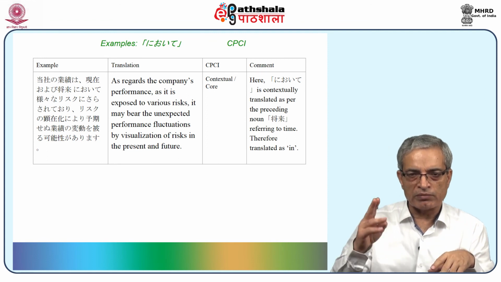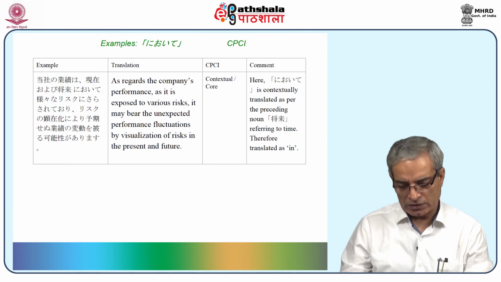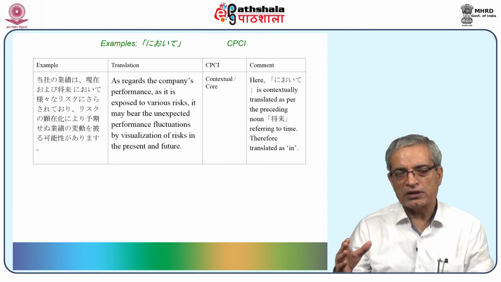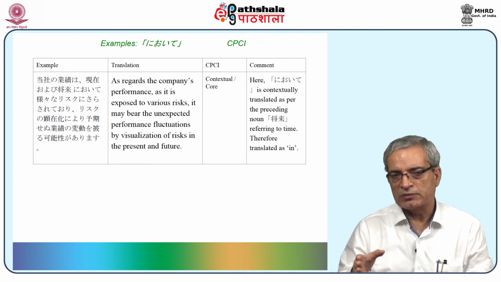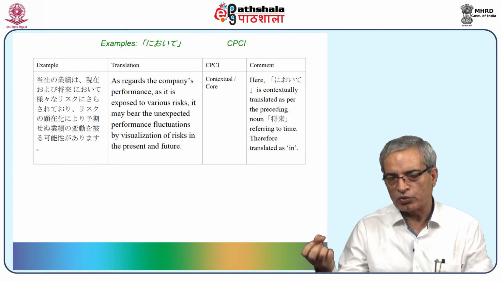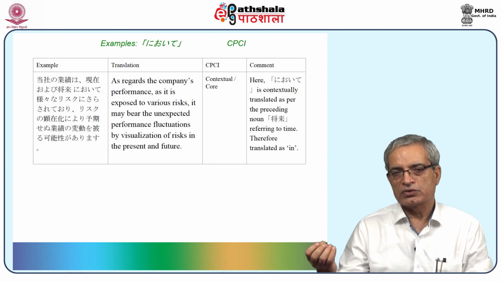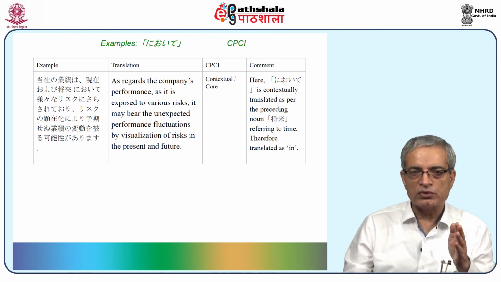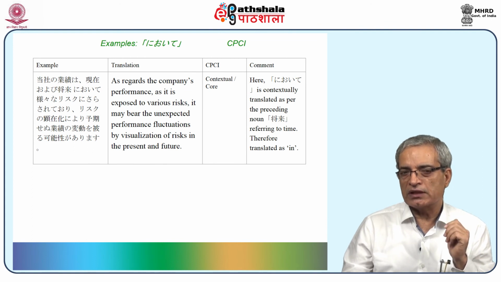So I would say that you can make note of it, and it can be understood that in is the closest possible or the core meaning of neo-8, but in does not take the action in the oite or the dynamism in the oite. So that is not very clearly covered by in, because it is going into, say, by visualization of risk in the present and future.